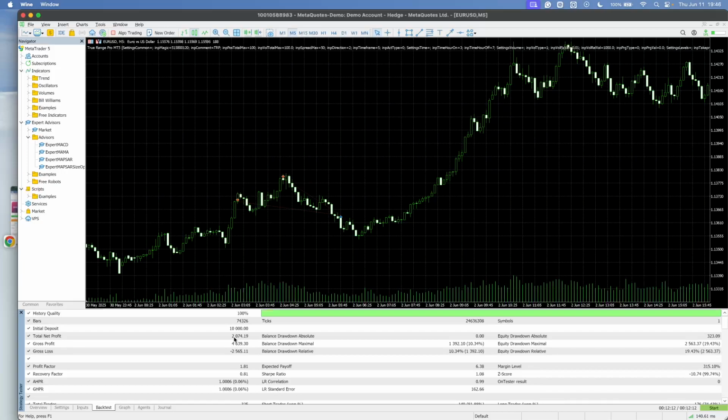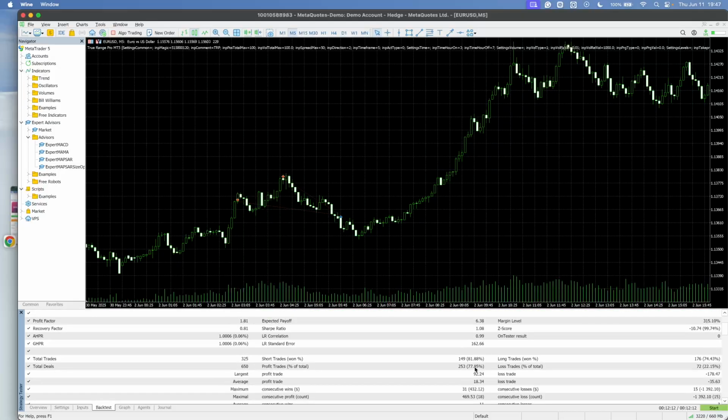Profit factor was about 1.81, and the max equity drawdown was about 19.4%, which is on the high side, but the balance drawdown was at 10%. So if you're trading with prop firms, you should be careful about these numbers. You should know how to set up your lot sizes and your risk to ensure that it doesn't blow up your challenge phases.